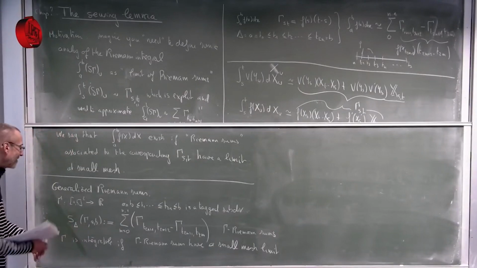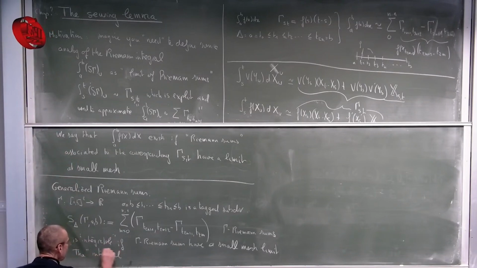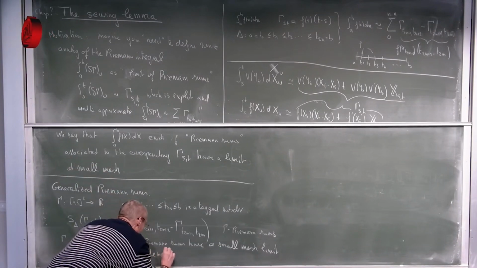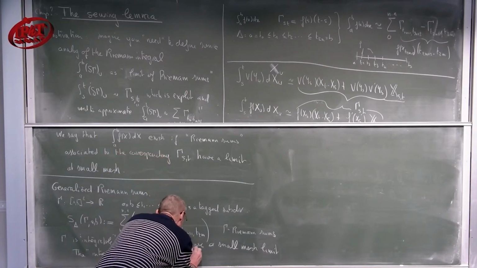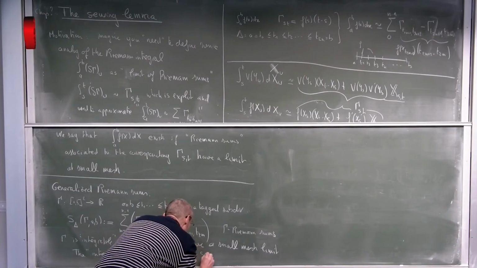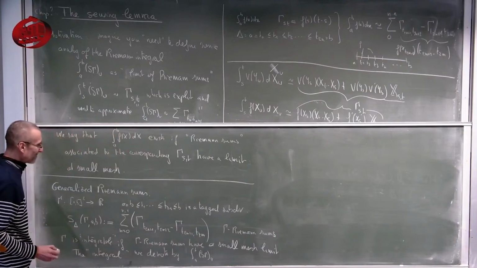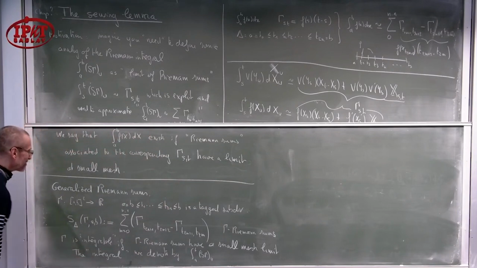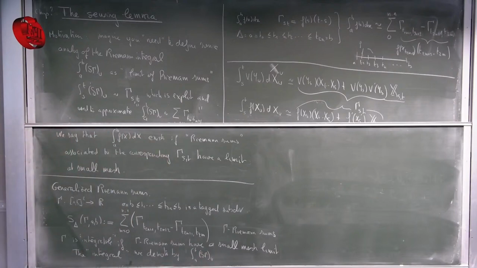Okay, so gamma is integrable, and then the integral we denote by the integral from A to B of delta gamma, and sometimes I add the variable, but you don't even have to put the variable there. Okay, anyway.